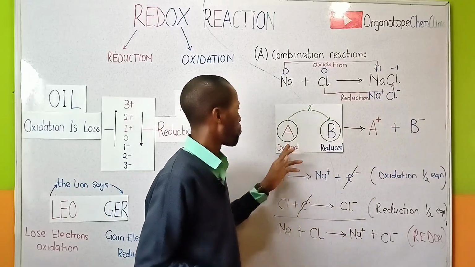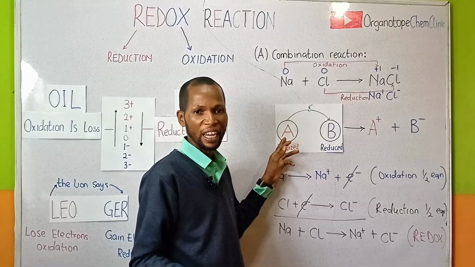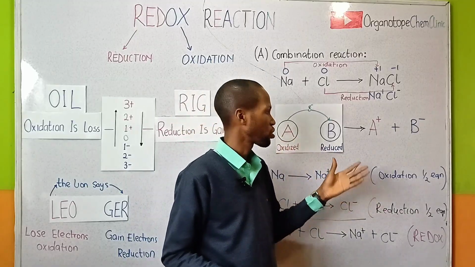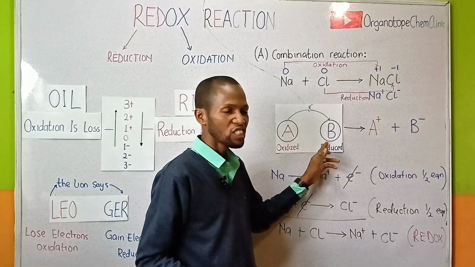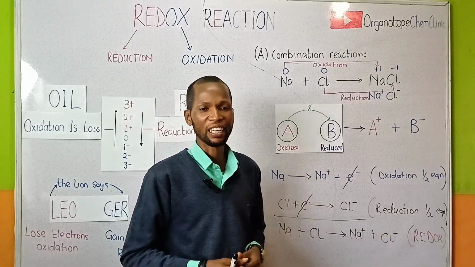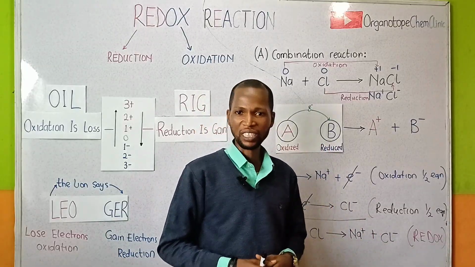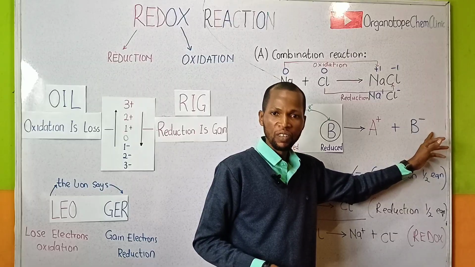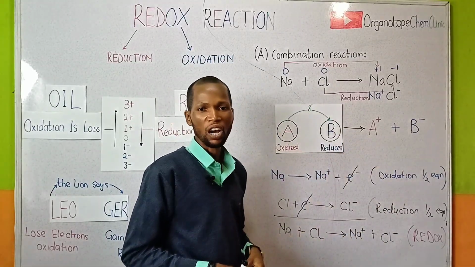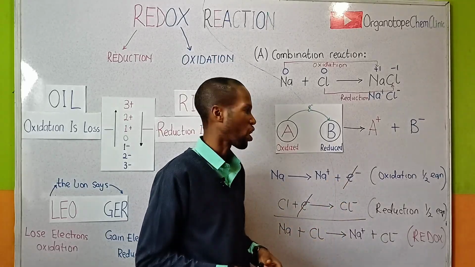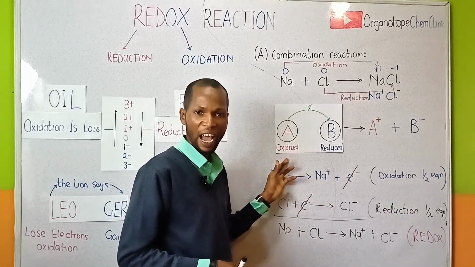Also note that metals give up electrons and develop what charge? A positive charge. While the non-metal gains electrons and develops what charge? A negative charge. When a parent atom loses electrons or gives up electrons, they become oxidized.